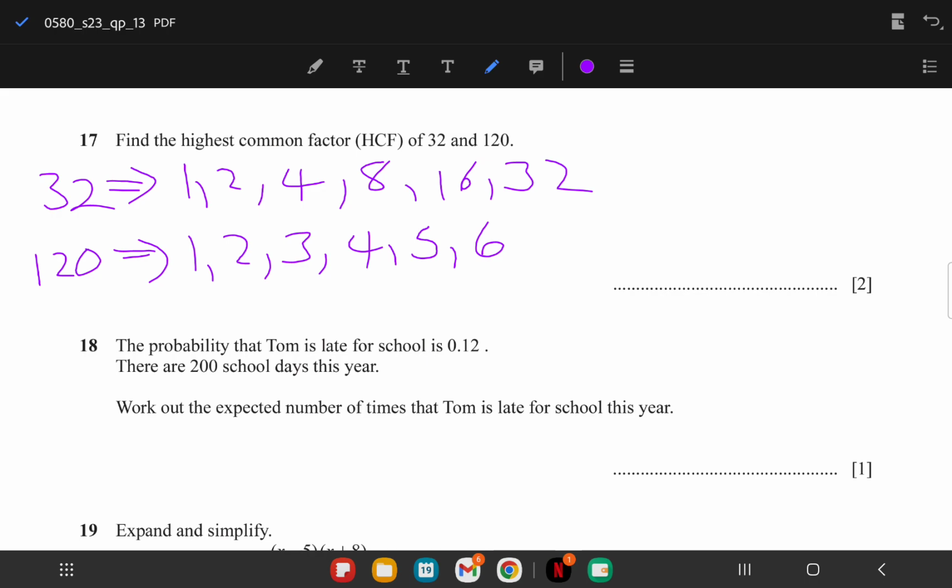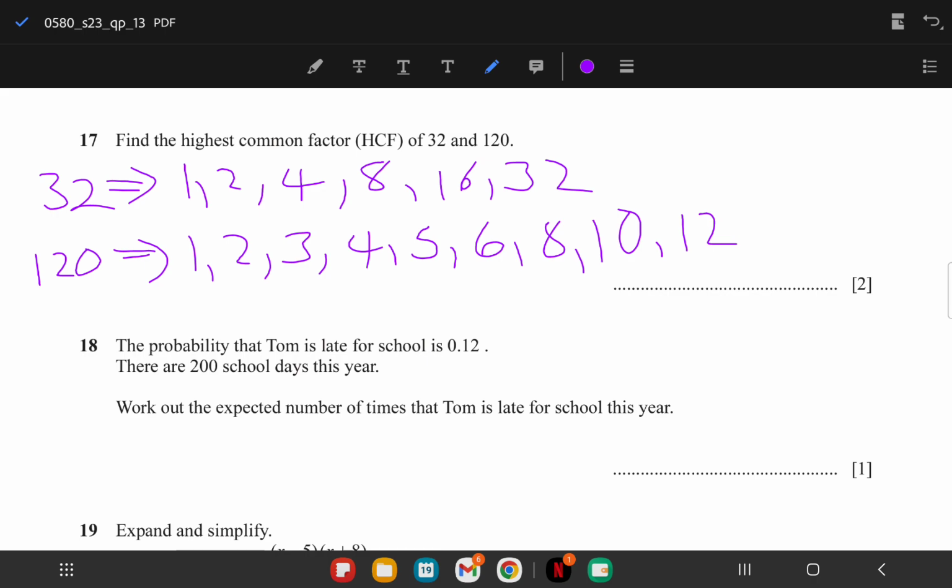Can I put 9? 120 divided by 9, I don't think so. No, I can't. 10, yes, I can. 11, I can't. 12, I can.